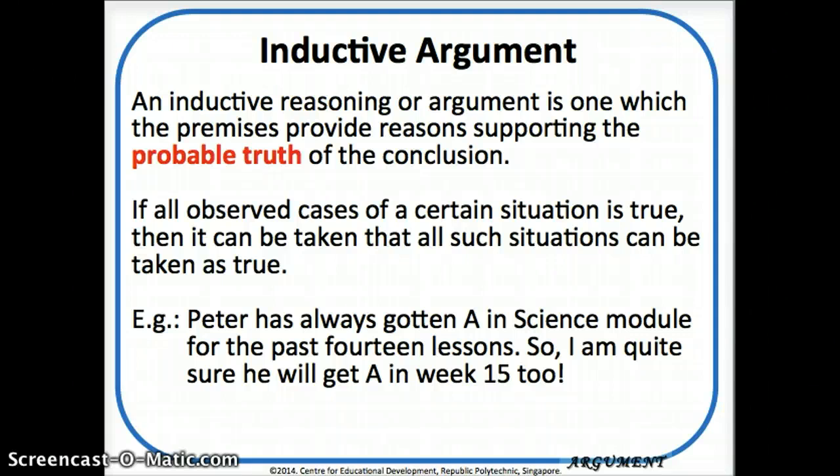So I am quite sure he will get A in week 15 also. It's because we have observed Peter having gotten A in his science over the past 14 weeks. This observation would be strong enough to conclude that he will surely get an A in week 15 too. This is an example of an inductive form of argument.